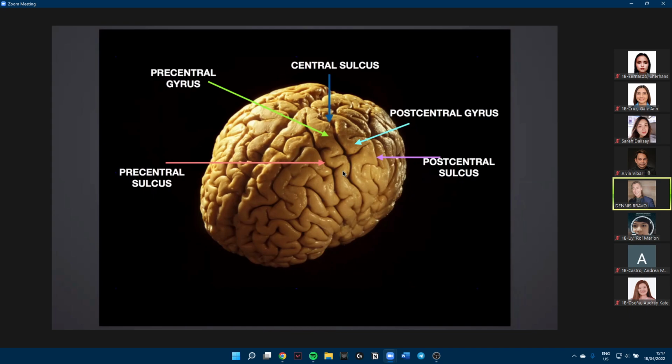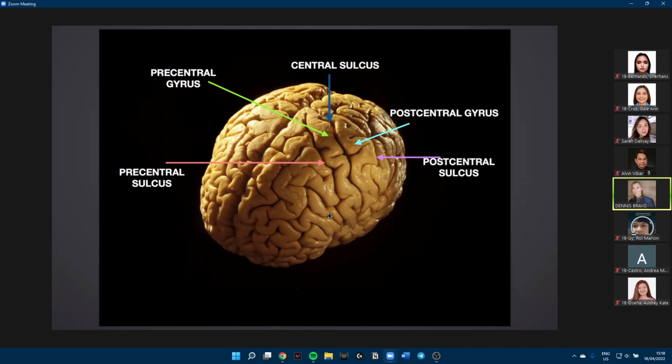Separating the precentral gyrus from the rest of the frontal lobe is what we call the precentral sulcus. Now, remember, when there is a gyrus, there is usually a sulcus attached to it. So anterior to the precentral gyrus is the precentral sulcus that separates the precentral gyrus from the rest of the frontal lobe.